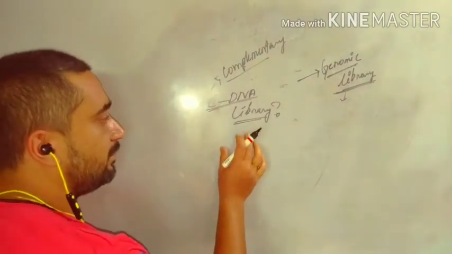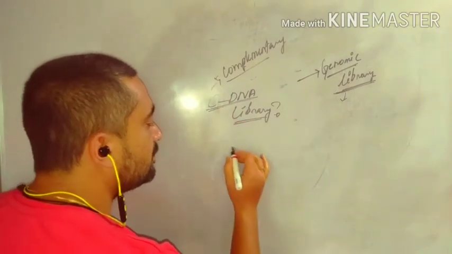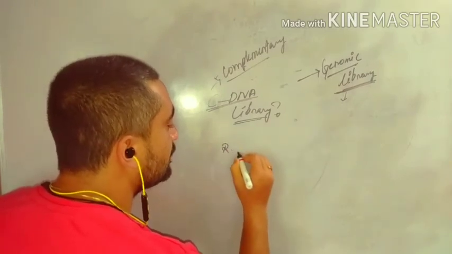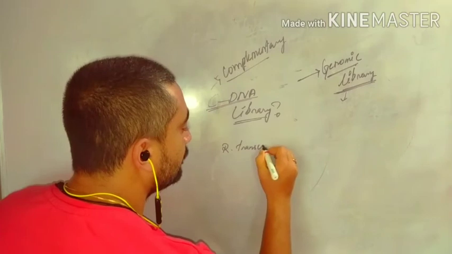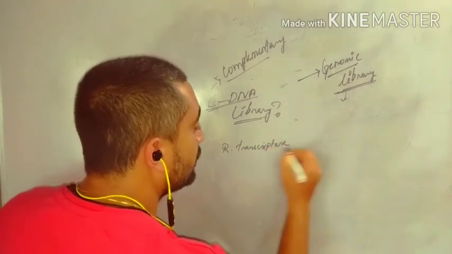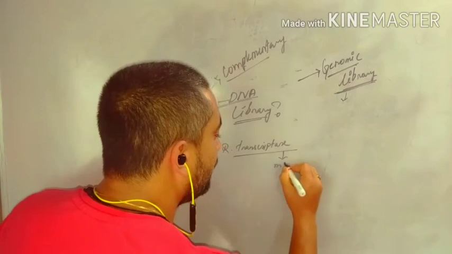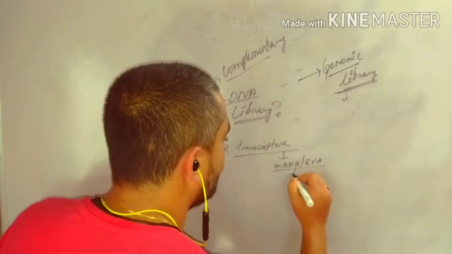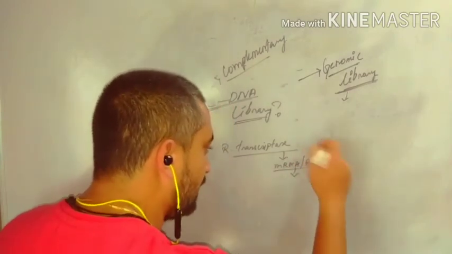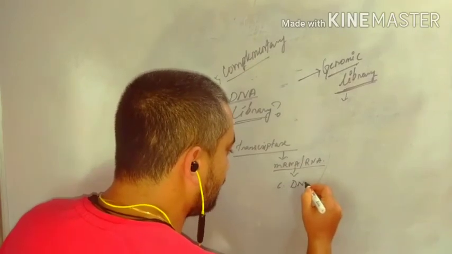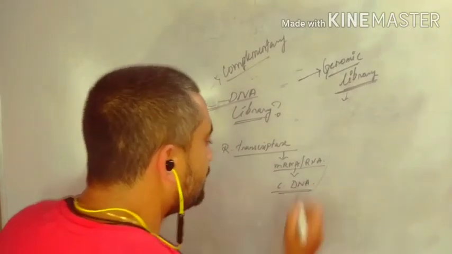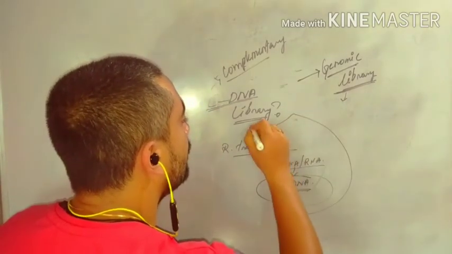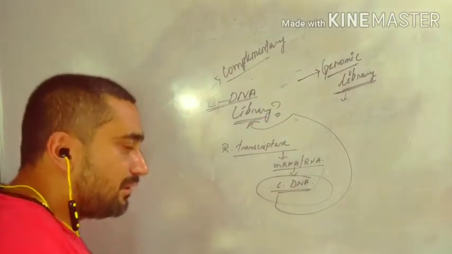In a cDNA library, we get the DNA we have produced by using reverse transcriptase, a complementary DNA sequence from mRNA or any kind of RNA. We produced the complementary DNA from the RNA, that is cDNA. This cDNA analyzed information is stored in the library called cDNA library.